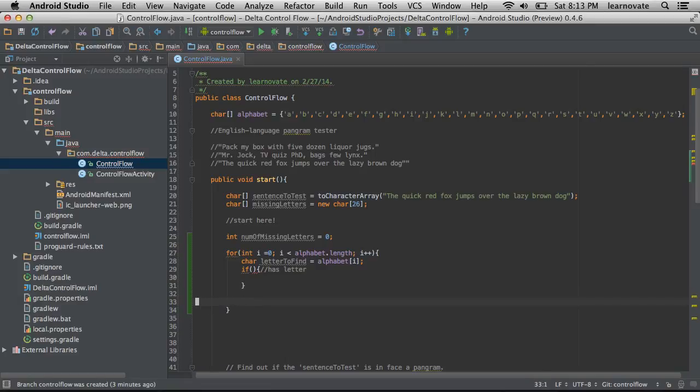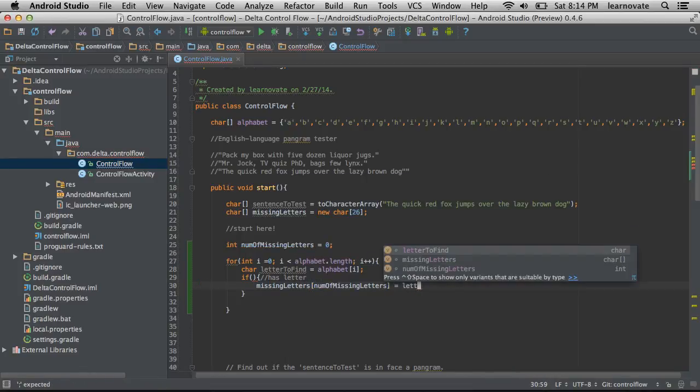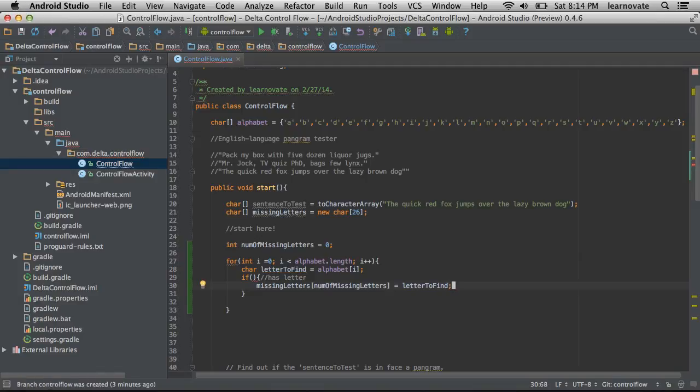Got it. So why are you nesting the if statement here within the for loop? Well, I'm not wanting to actually deal with what "has letter" is. I don't really know what that means yet. I just know at this point that I'm going to have to get something out of that alphabet array, and then if you have it, then do something.